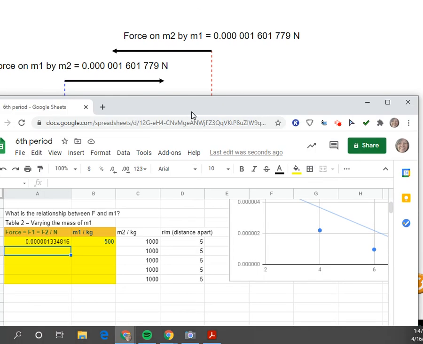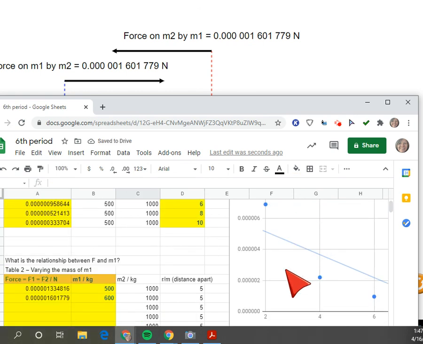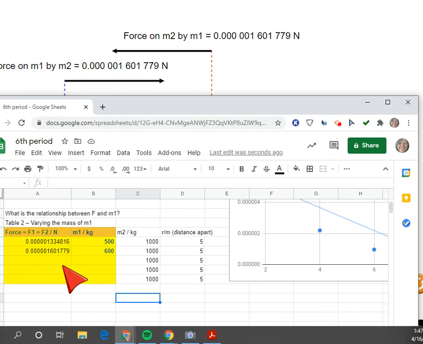So now we're at 600. And our force would be, we'll go up 700, 800, and 900. So we have a consistency.